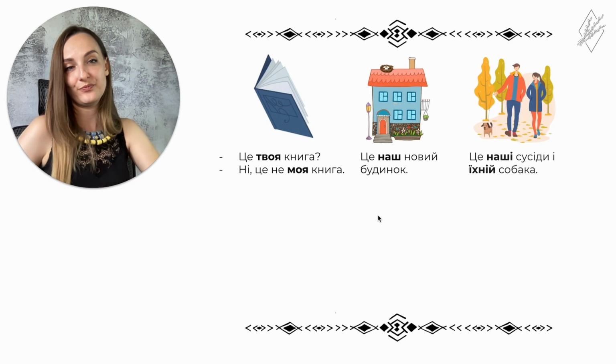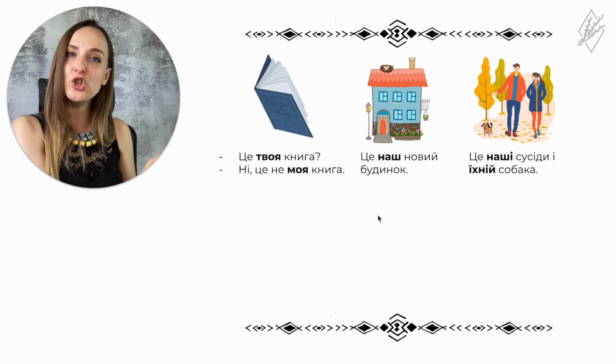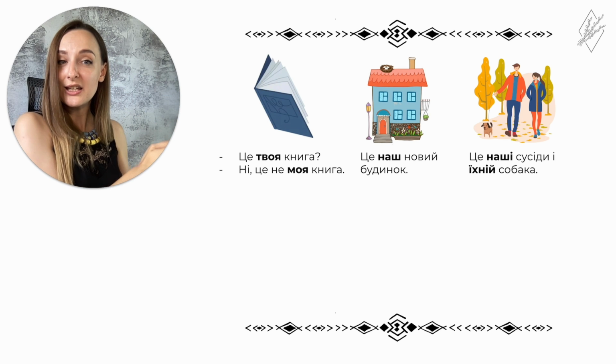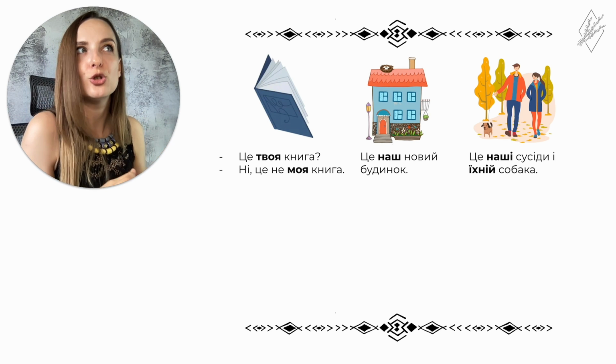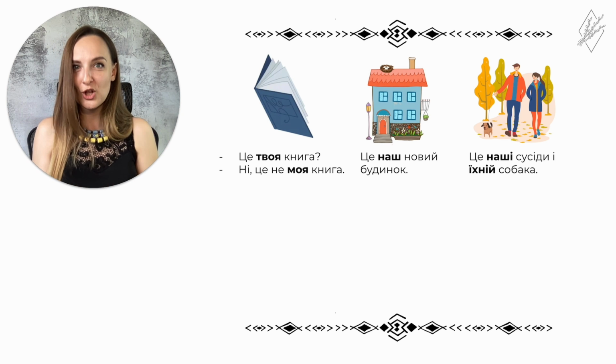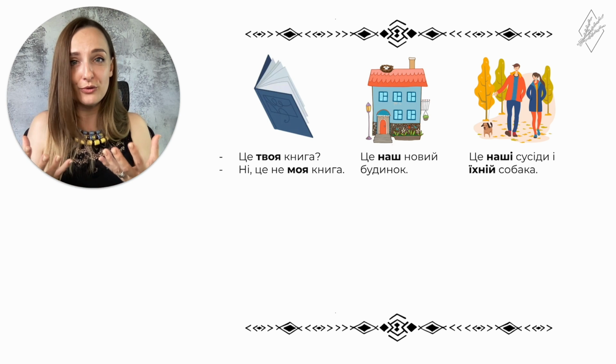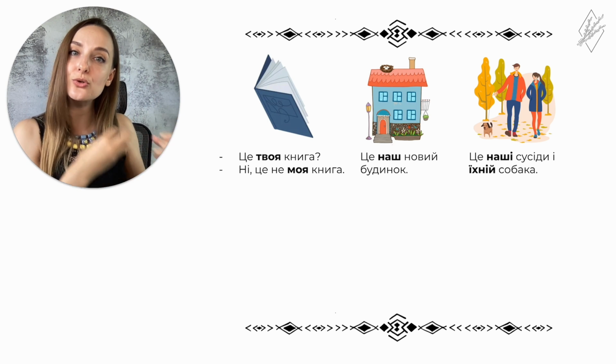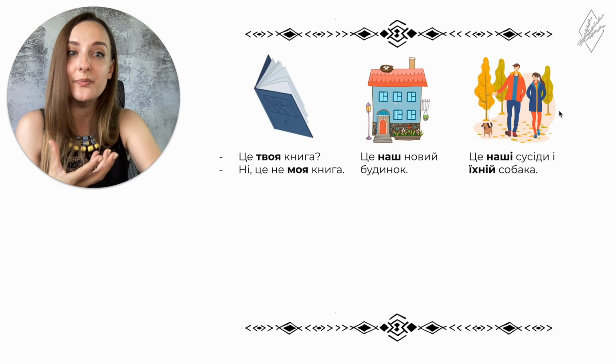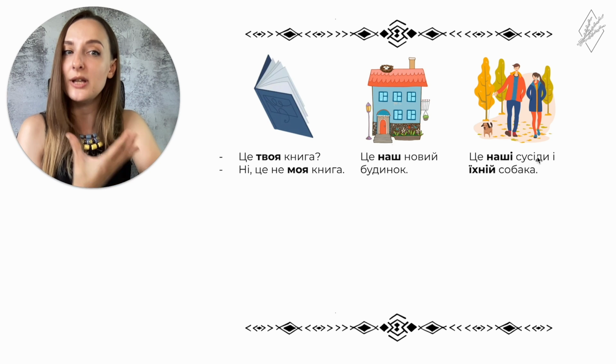The next one. Це наші сусіди і їхній собака. So, наші, it's a plural form because neighbors, сусіди, is a plural word. Наші сусіди, our neighbors.